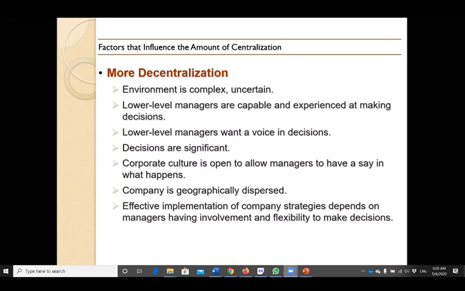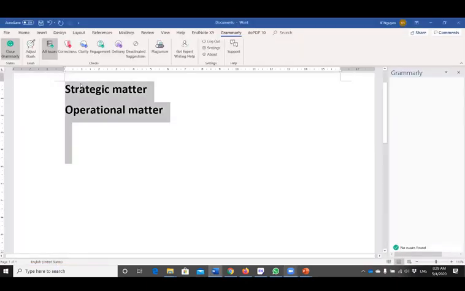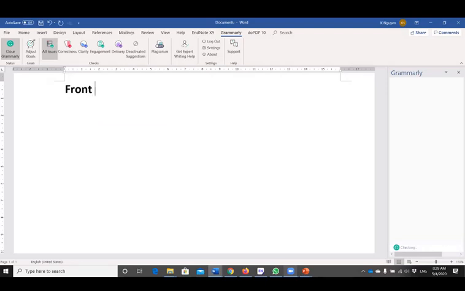So you may need more information from the environment, right? So you need to collect information from the frontline staff. Frontline staff. Is that good? But who have contact directly with the environment, right?